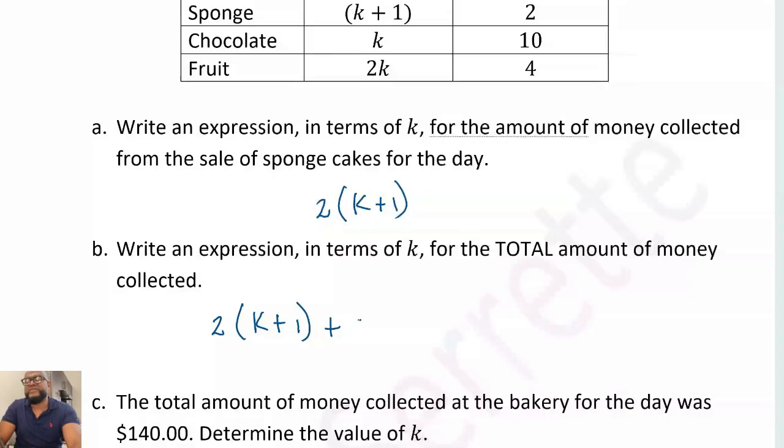I'm saying fruit cake, sorry, chocolate. Let me go in order. Chocolate is what? 10k, boom. Everybody good there? And then fruit cake, right, 8k. And what did they say? Did they say expression? Now, equal to nothing, leave it just so. Right? So, done. Everybody good here?